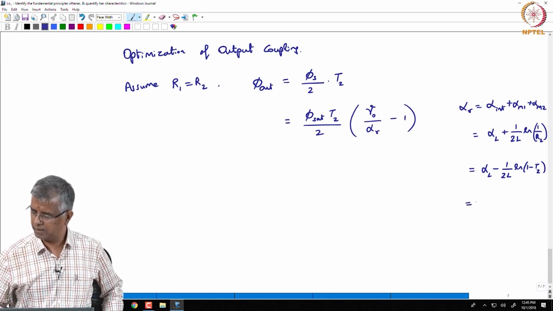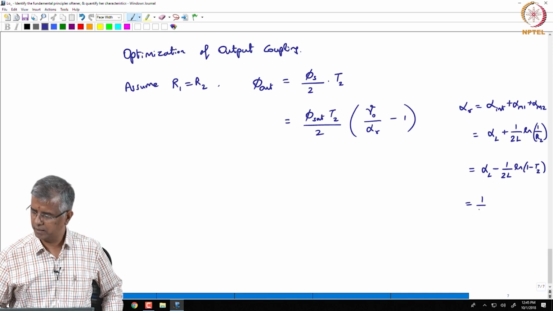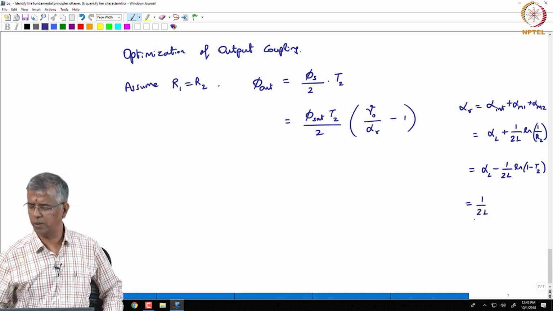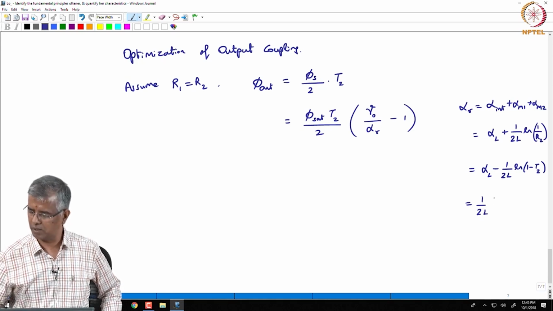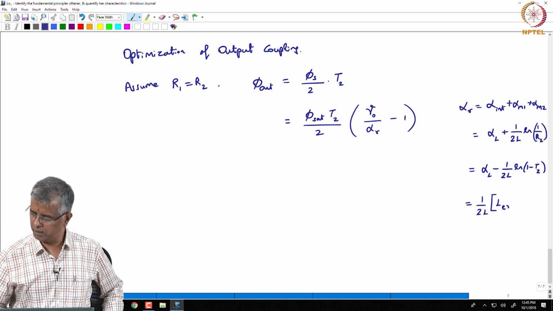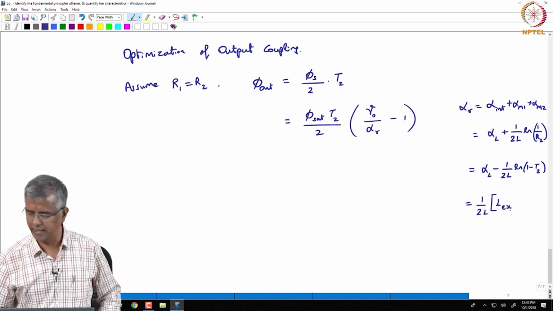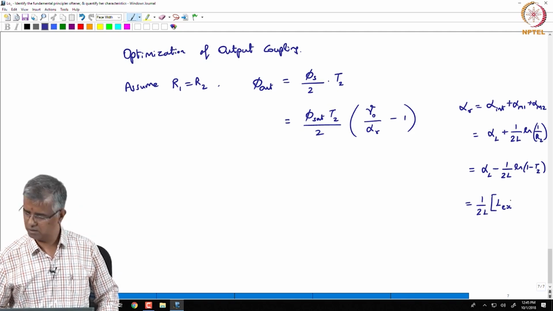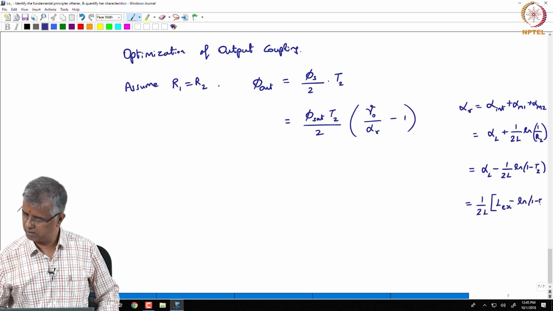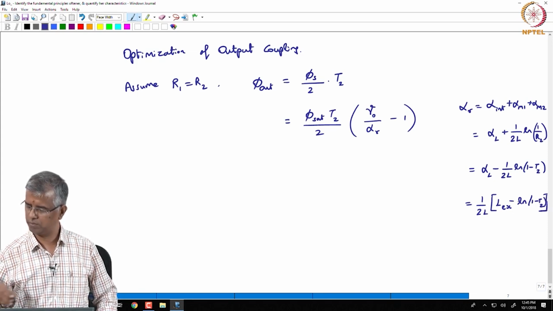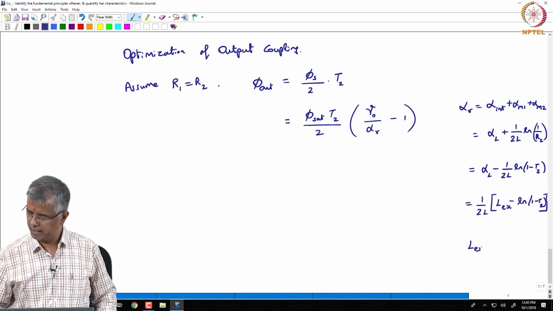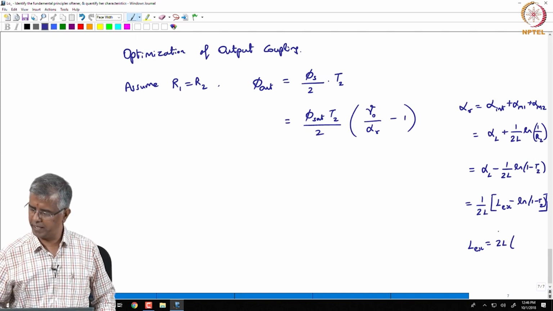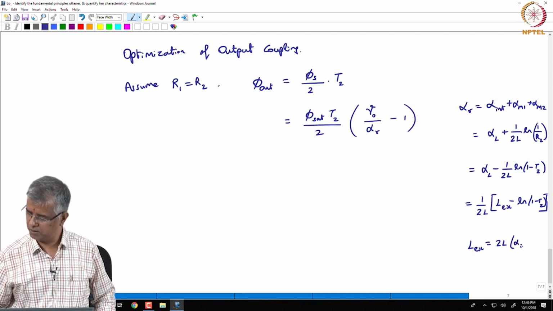And this I can further write by taking 1 over 2L outside as a common factor, and then what I have is some total loss, let me call that Lx, that is the extra loss, minus ln of 1 minus T2, where Lx corresponds to 2L multiplied by alpha L, where alpha L corresponds to alpha int plus alpha m1.